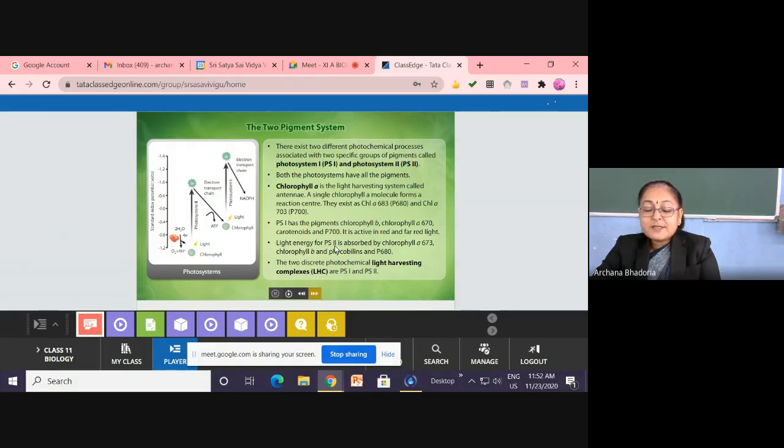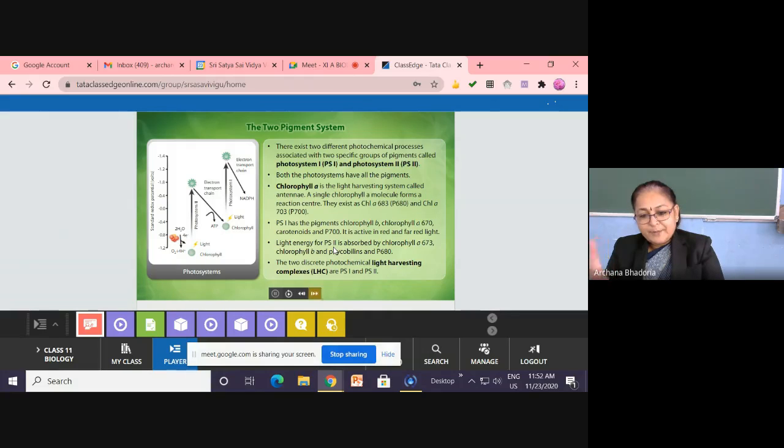What does pigment system 2 mean? It contains those pigment molecules which absorb light of wavelength 680 nm. So we call it P680. That is reaction center P680.